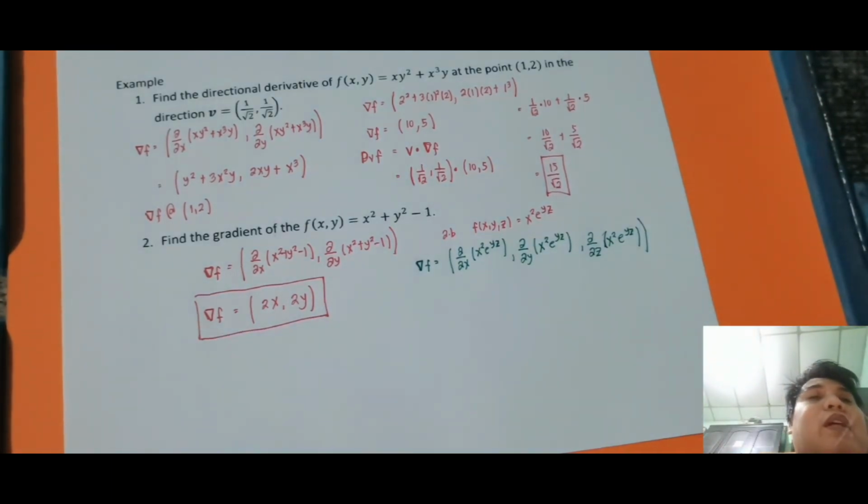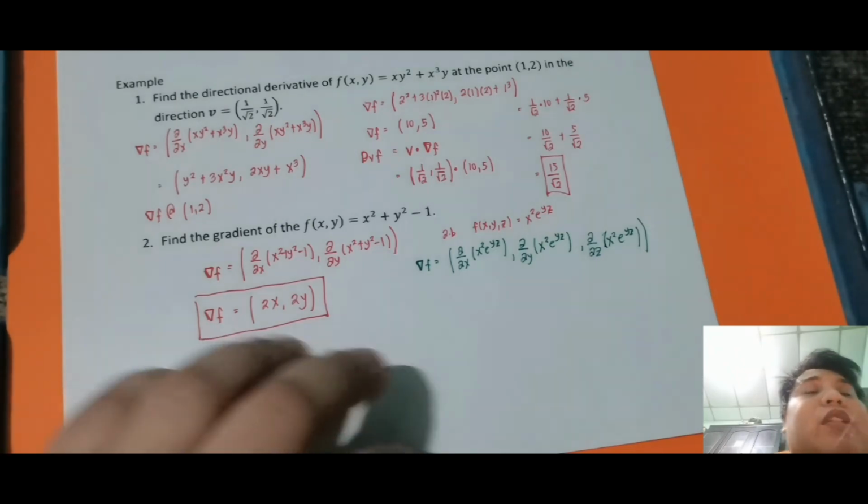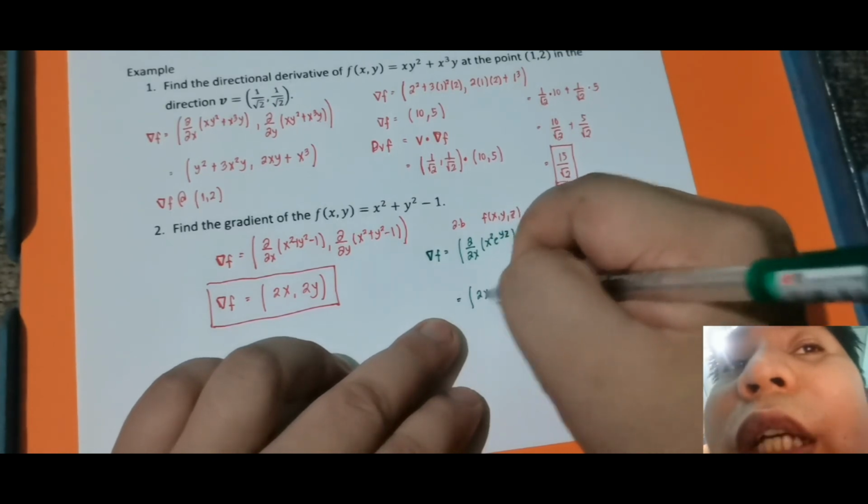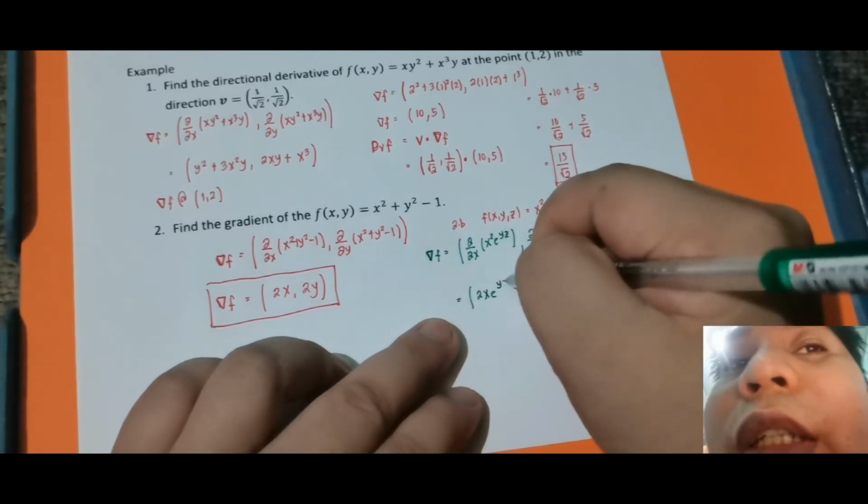For the first, it is of course not a product rule problem. Since only x squared is differentiated, that is 2x, and we just copy e raised to yz. So for the first, this is just 2x e raised to yz.